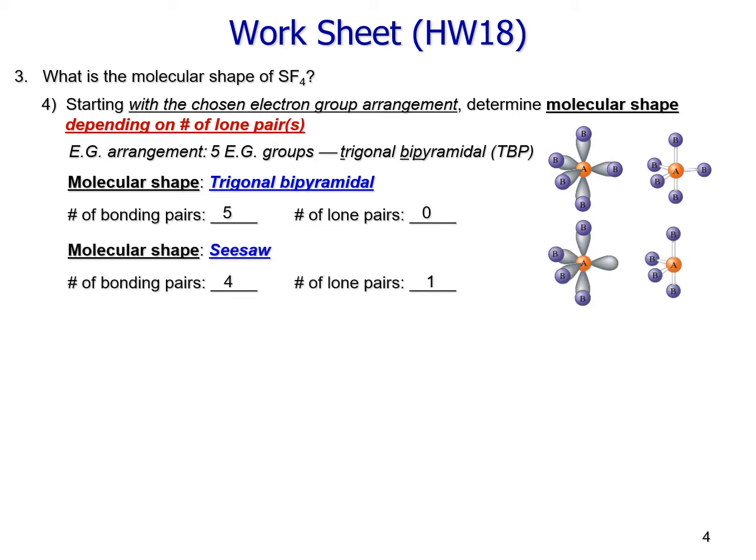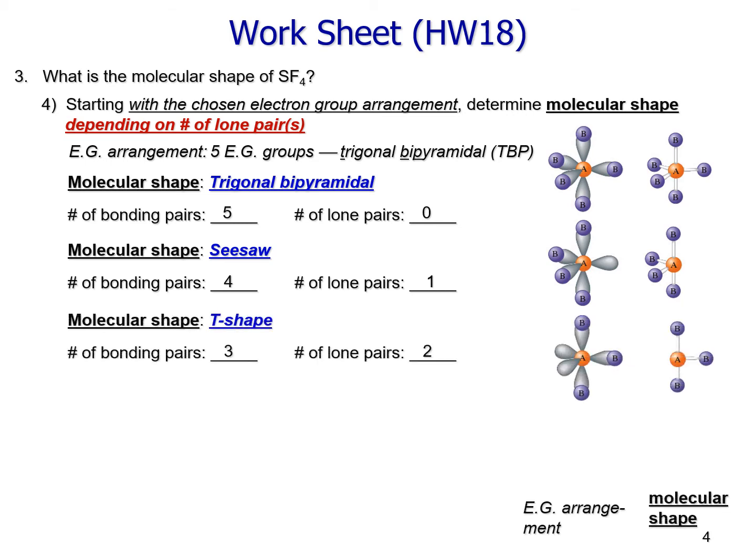Molecular shapes are going to be seesaw if we see only 4 bonding atoms, right? 1, 2, 3, 4, so 4 bonding pairs with 1 lone pair. The molecular shape can be derived down to T-shape if there are 2 lone pairs of electrons. 3 bonding pairs now, well, 3 terminal atoms now.